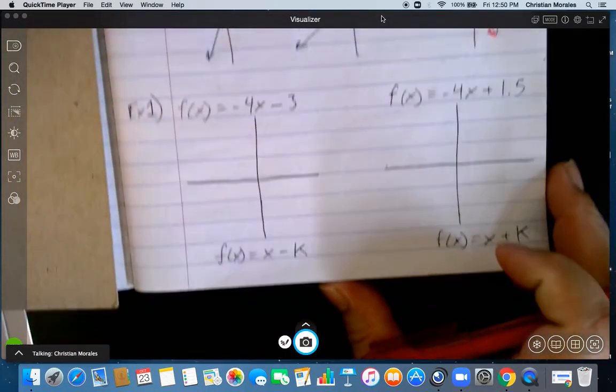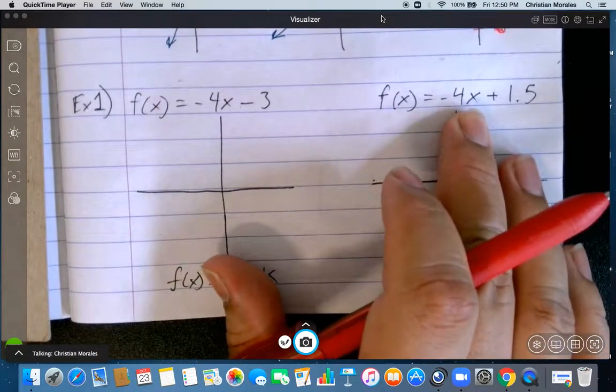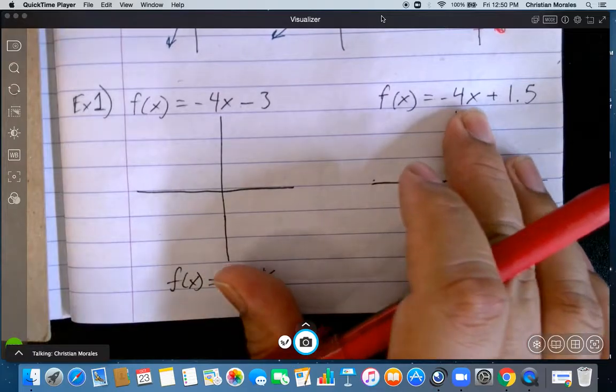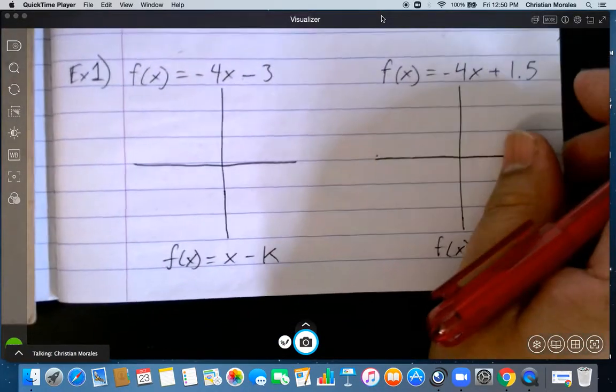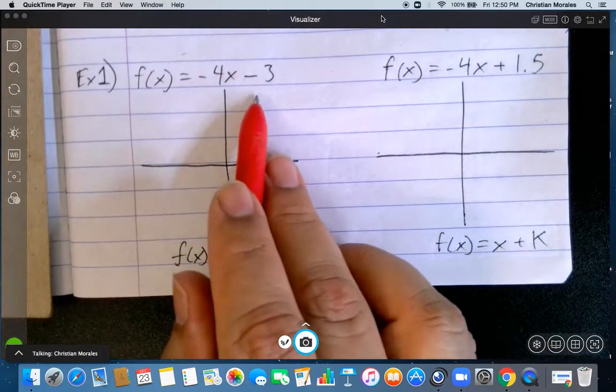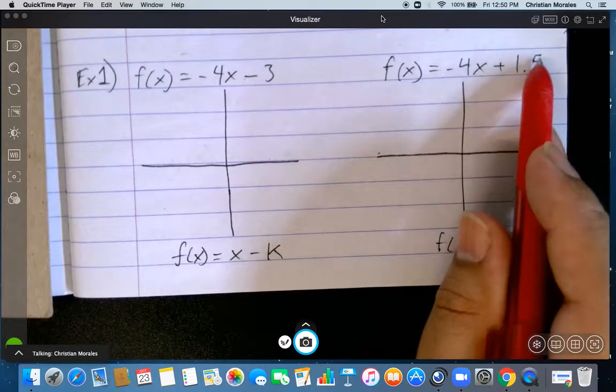Now, another way to change it, let's use that negative 4x as our example. We know what it looks like. Negative 4x looks like that. But here, they're taking a number and adding it to the end of x. There's a number here at the end of the function.